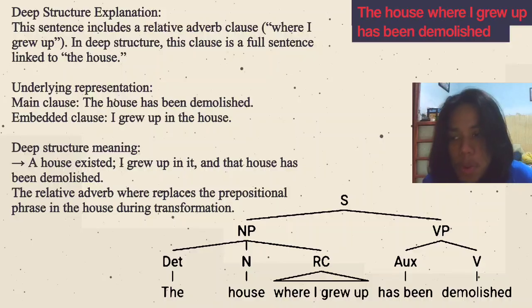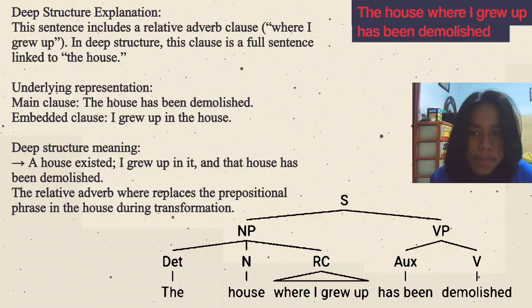It depends on you whether you want to break it down or not. And we have the verb phrase has been demolished. The formula of a passive sentence is be plus verb 3, and in this case we have has been, an auxiliary, and verb 3 of demolish, demolished. So the sentence becomes: the house where I grew up has been demolished.